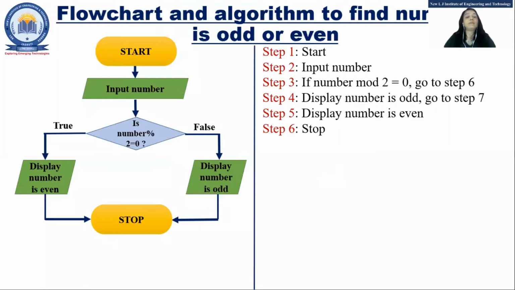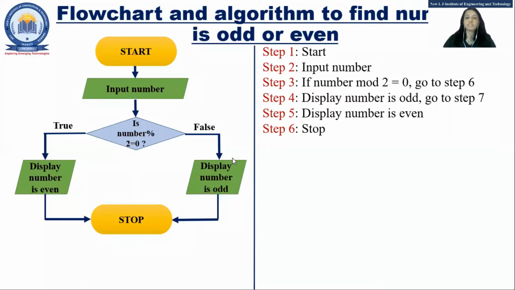So now the next one is to find out whether a number is even or odd. We know, as you have already learned in mathematics, that a number is even if it is divisible by 2. Divisible by 2 means the remainder you will get is 0. How are we going to check?